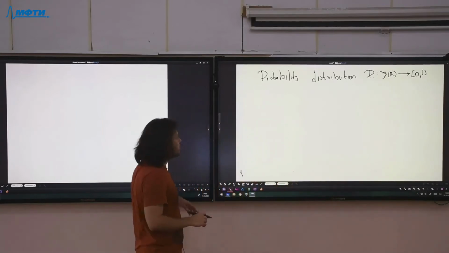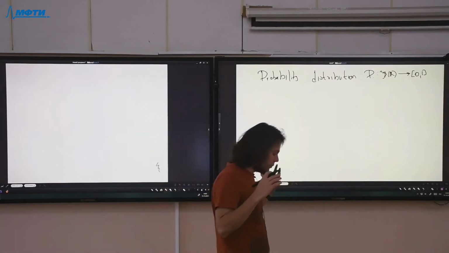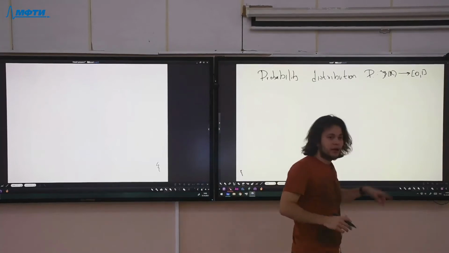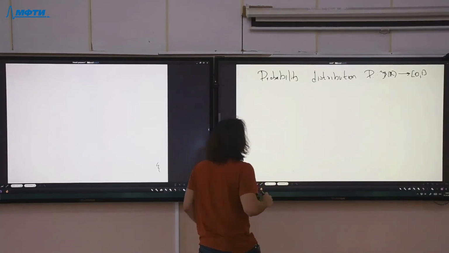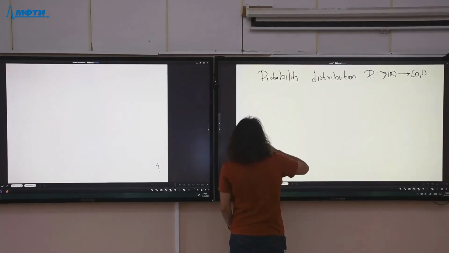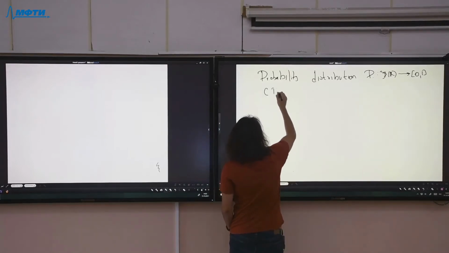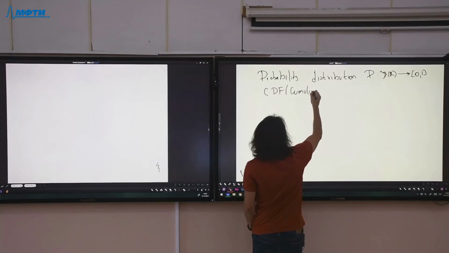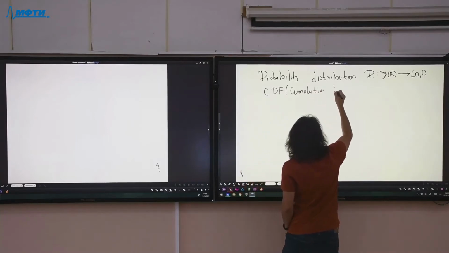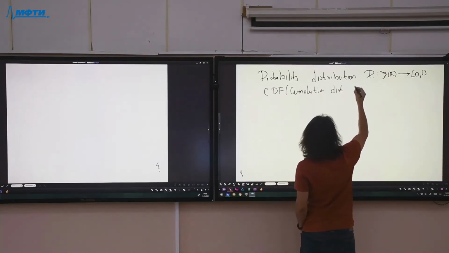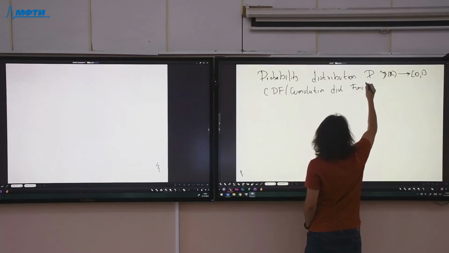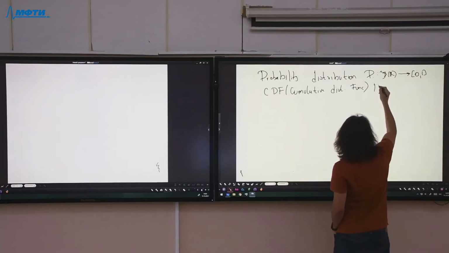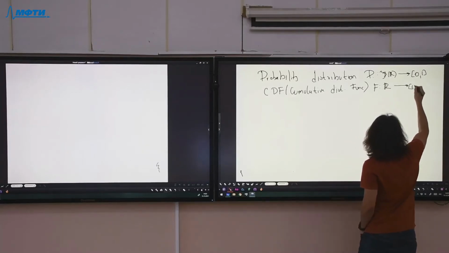Now, if we have some probability distribution on R, right now we are talking about R, then we can define the CDF, the cumulative distribution function, right? And this is a function from the real line to 0 and 1, okay?